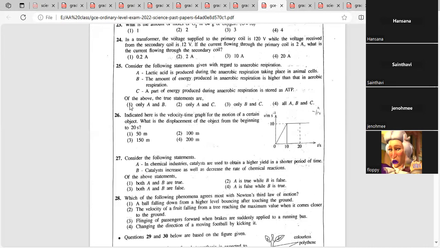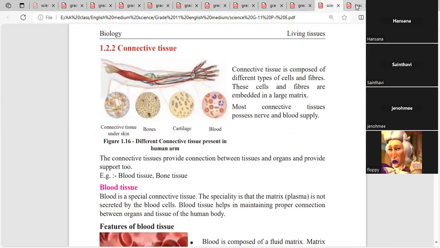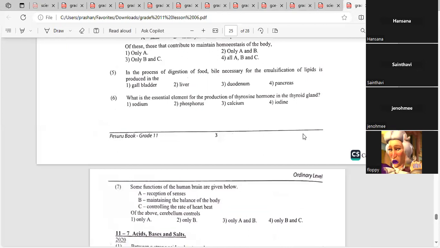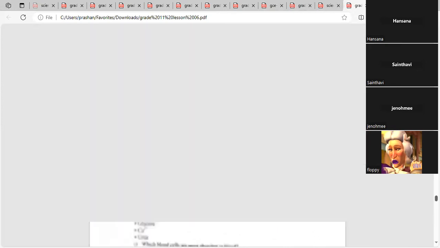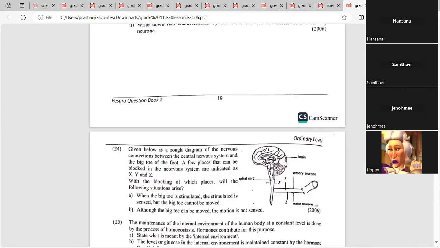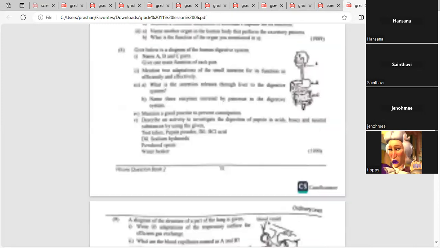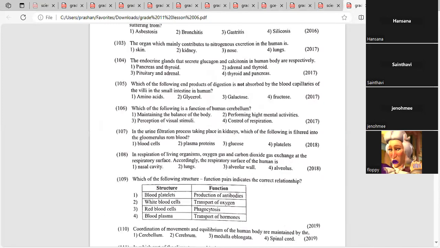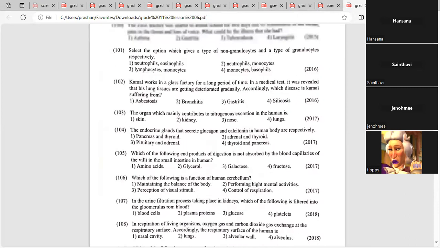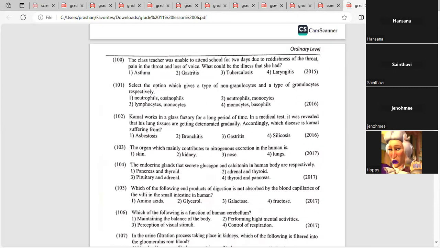So this is important. Let's write answers for MCQ questions first, starting from 2016. We have a huge syllabus.